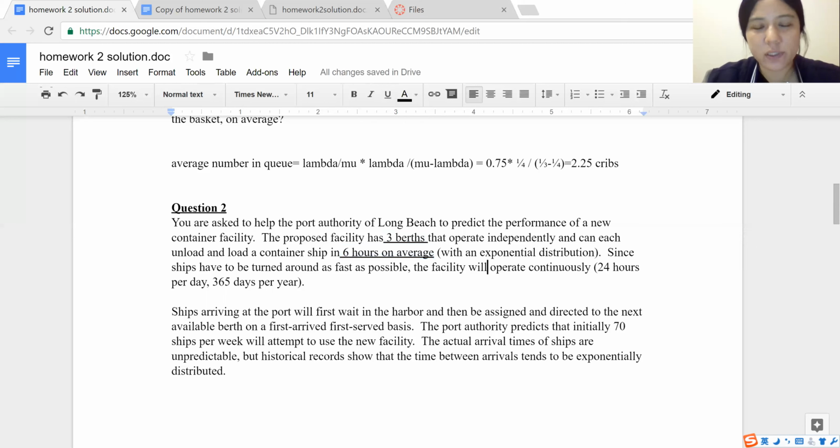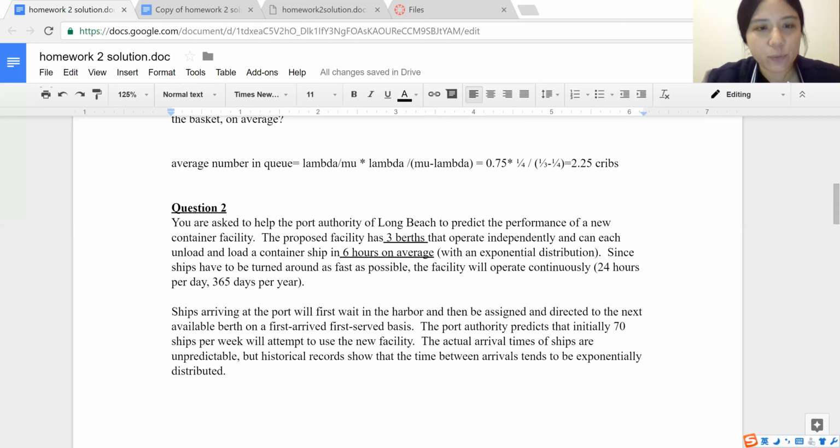So the 3 berths are the number of servers, and the 6 hours on average is the service time, and it follows the exponential distribution.